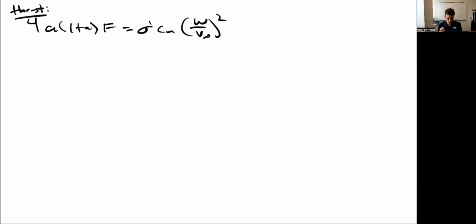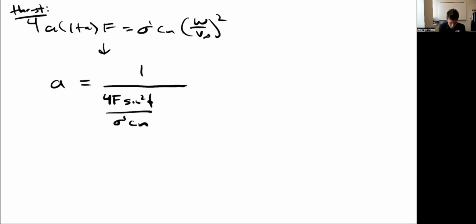And then I'll have a sine squared on the bottom. Okay, so I substitute that in. I'll do a little bit of algebra. I'm going to skip it just because there's nothing really exciting about it. But by doing that, I can actually solve for a, and it is as follows: 4f sine squared phi over sigma prime cn minus 1. Obviously there are a lot of different ways I could algebraically rewrite that, but the important point is I can rearrange for a.